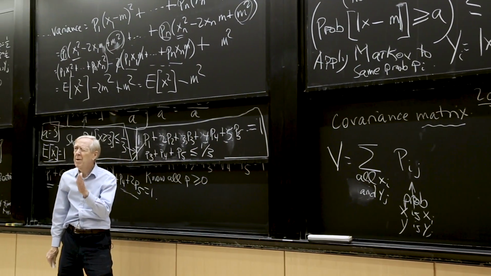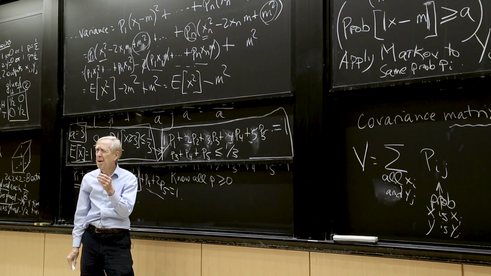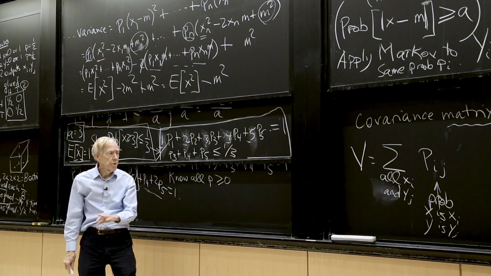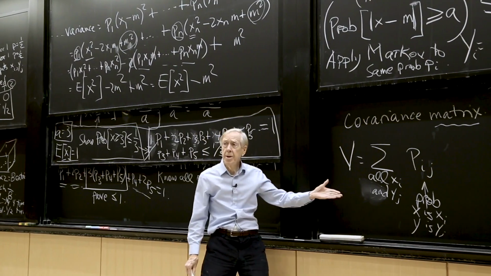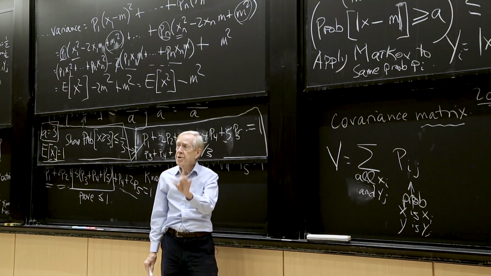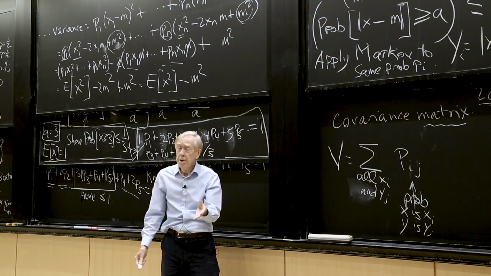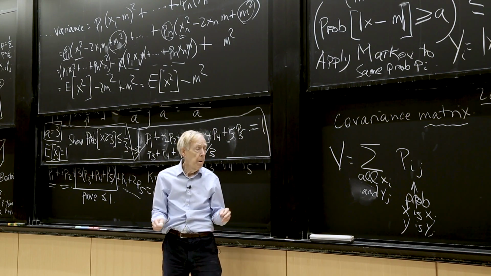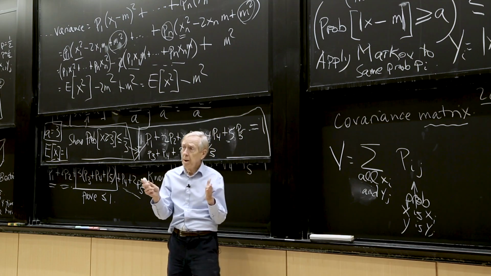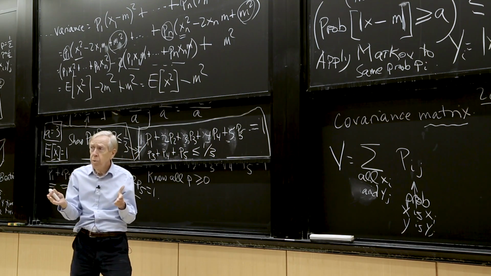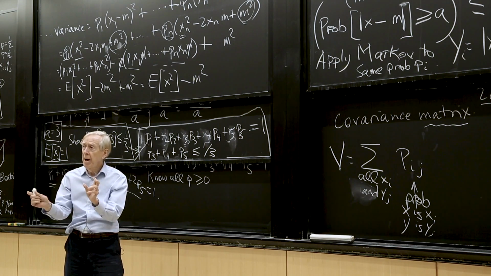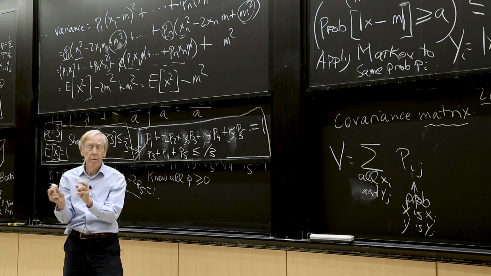And let me give you a second example to keep in mind. Suppose I'm looking at age and height. Suppose x is the age of the sample, the person, and y is the height. I want to know, what fraction have a certain age and a certain height? I'm looking at every pair.